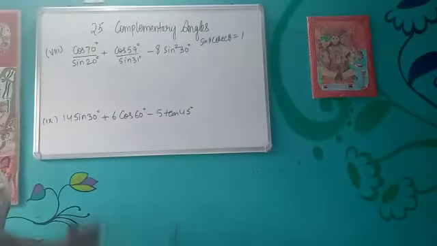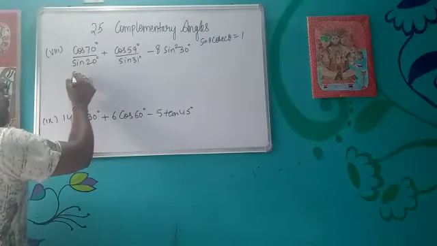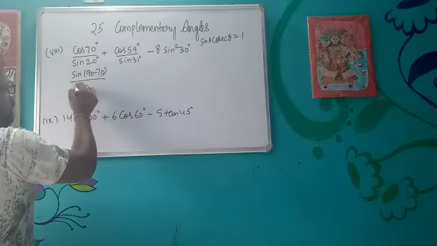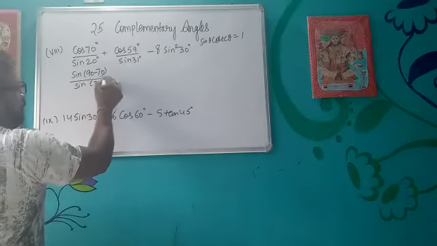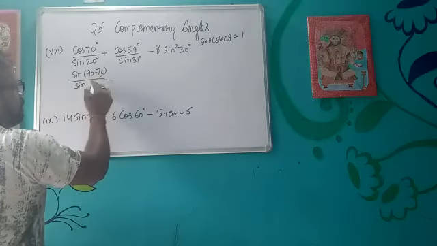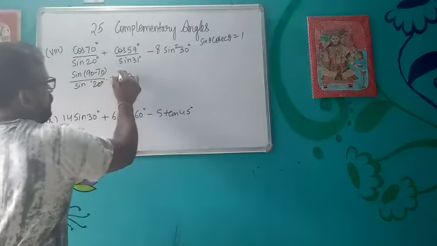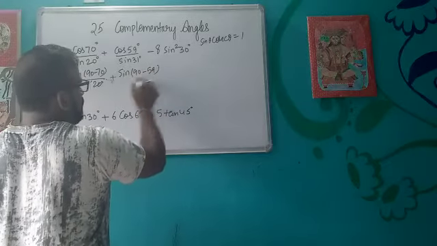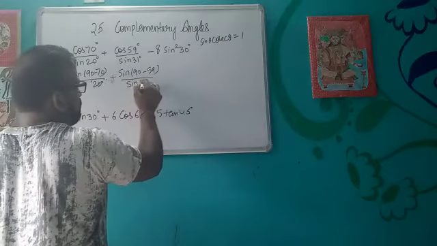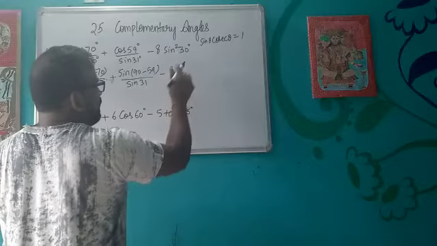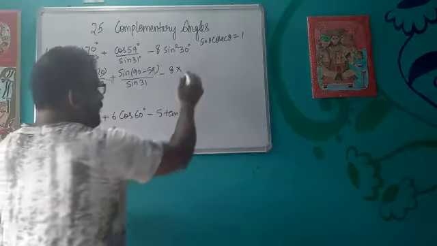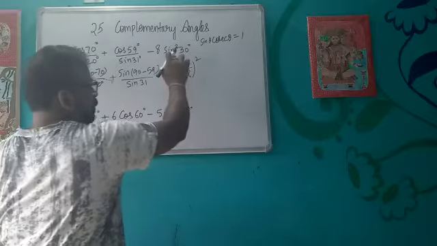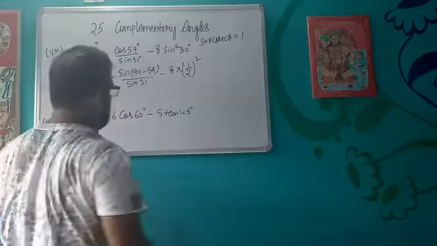Okay, now again the same type. This cos will become sine 90 minus theta into sine 20 degree. This again, cos I am replacing by sine 90 minus theta, and this sine will remain the same, minus 8 into sine 30 degree. Sine 30 degree was 1 by 2, and we will put the whole square because it is sine square 30 degree.